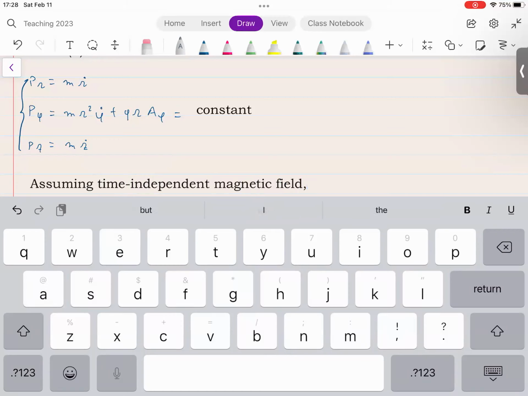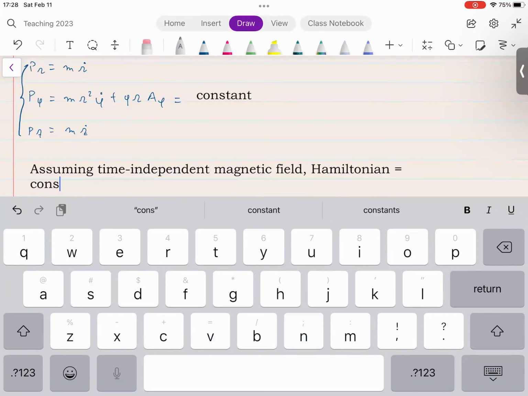Notice that I've also assumed that there is no electric field. That wasn't in the Lagrangian when we got started. The Hamiltonian is going to be a constant, which is also going to be equal to the energy.